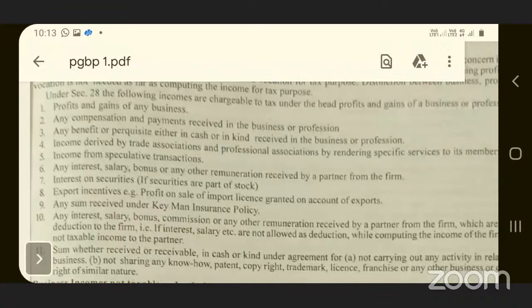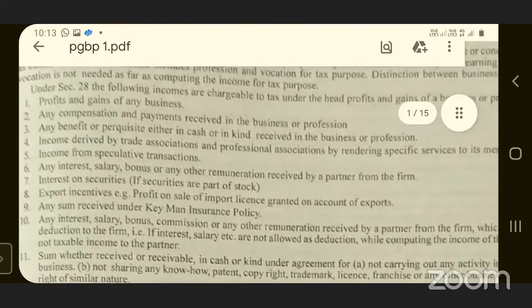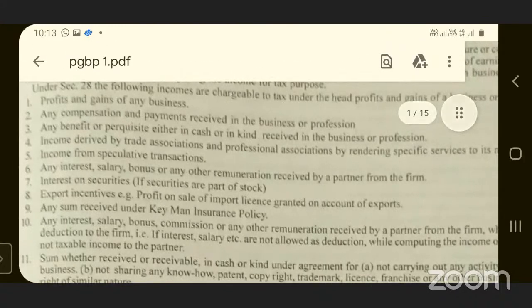And any income from speculative transactions and any interest, salary, bonus, or any other remuneration received by a partner from the firm. Means if we are a partner of a particular partnership firm, any interest, salary, bonus or remuneration received by a partner is also called income from business itself.